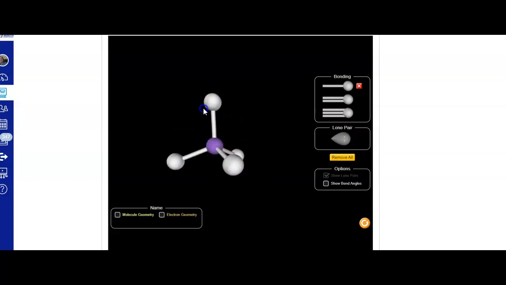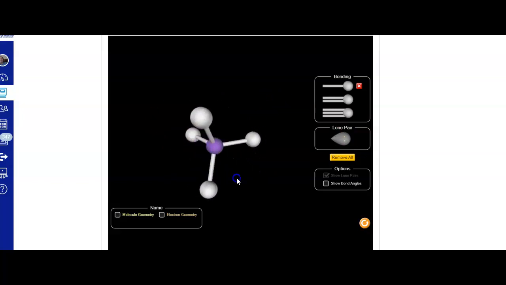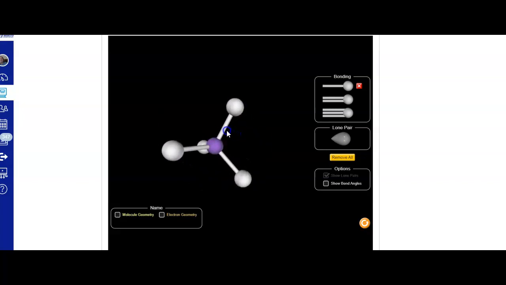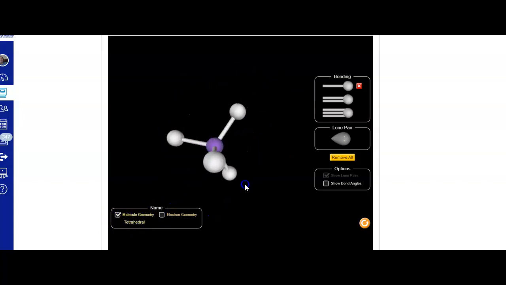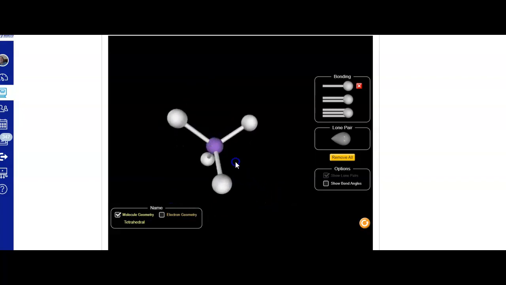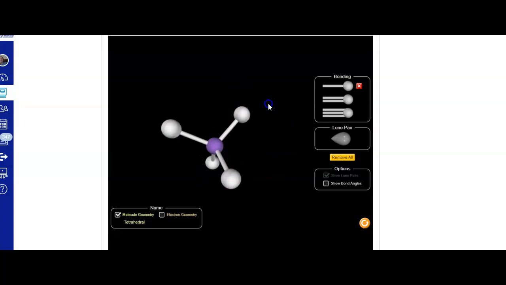This allows me to see this tetrahedral shape in 3 dimensions. I can even double check, click the molecule geometry to see the tetrahedral. If I spin this around, this can help me to easily see that this structure is symmetrical. Essentially, even if the bonds in this are polar, the whole compound won't be polar because it's completely symmetrical.